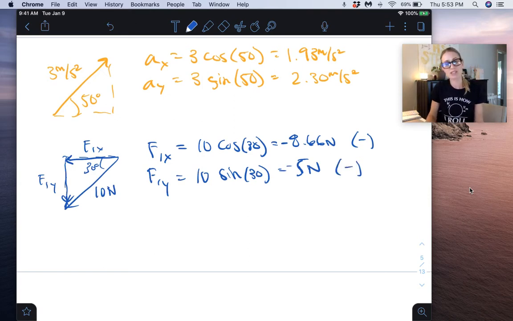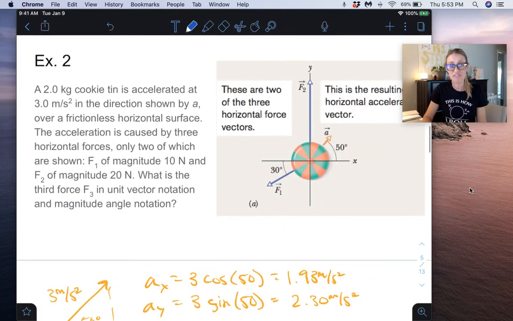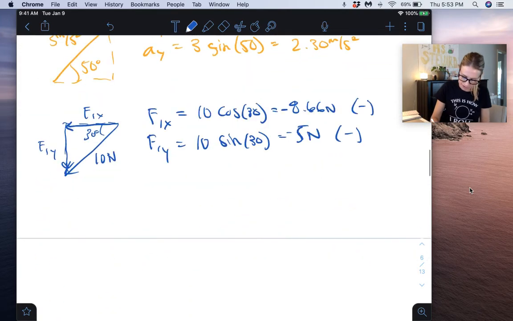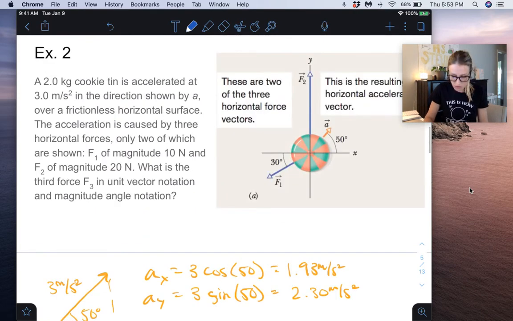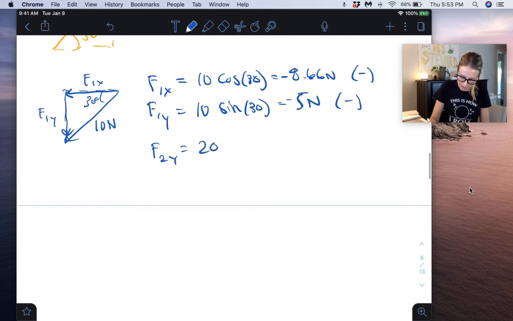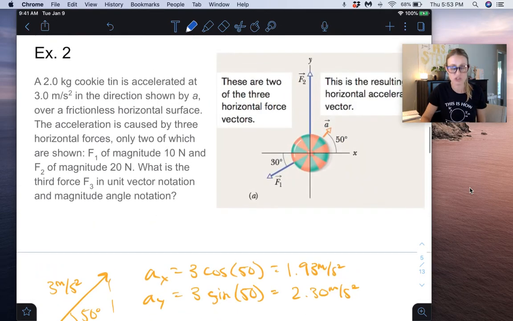However you want to denote that, I just like to make a note on the side so I don't forget. Then F2 is pretty easy because it's directed straight up. So force 2 in the y direction is the magnitude of that force, 20 newtons, and force 2 in the x direction is 0 because there's no x component. All right, so now we want to find out what force 3 is.